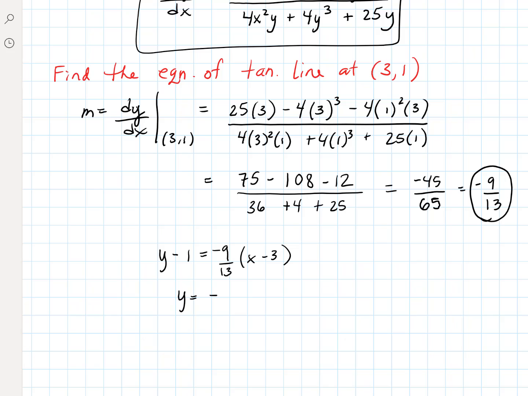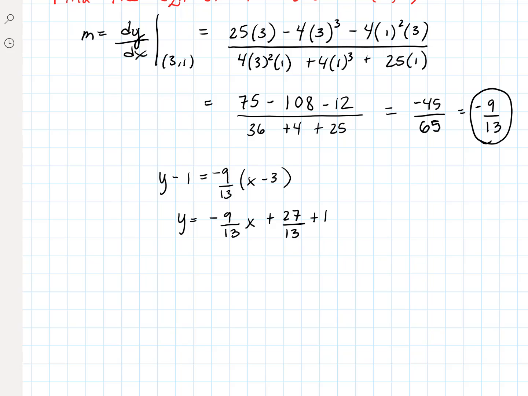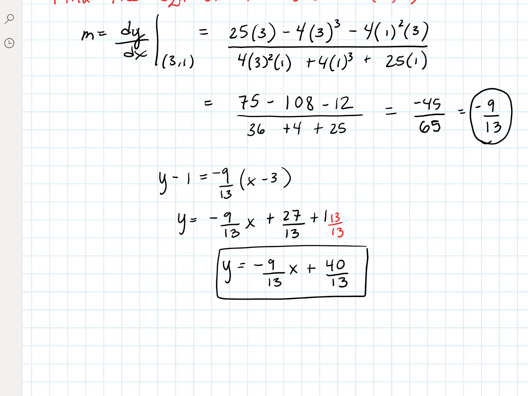So y is negative 9 over 13 x plus 27 over 13 plus 1, or 13 over 13. And y equals negative 9 over 13 x plus 40 over 13 as the equation of the tangent line.